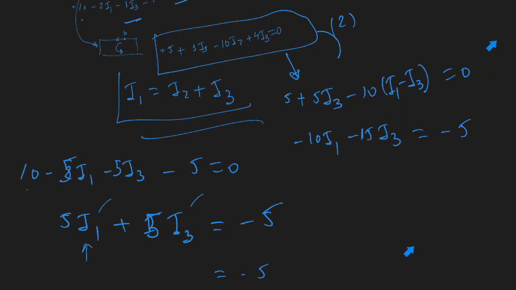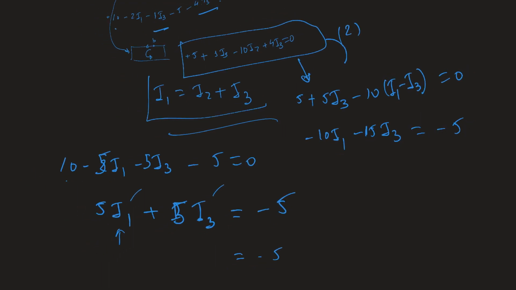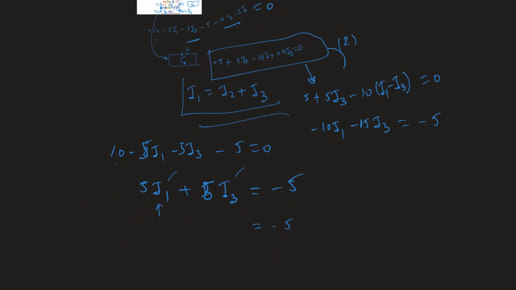So I will put this equation here: 10I1 plus 15I3 equals 5, or written as minus 10I1 plus 15I3 equal minus 5.